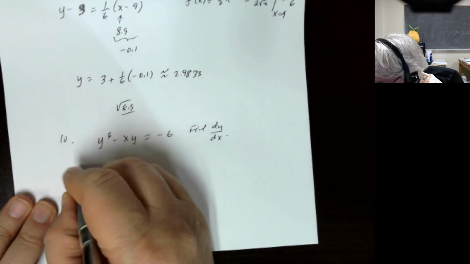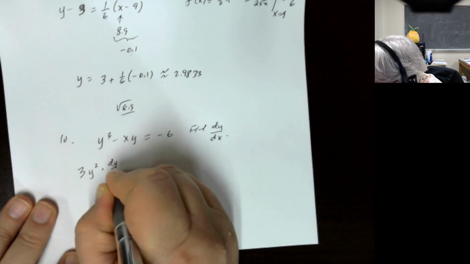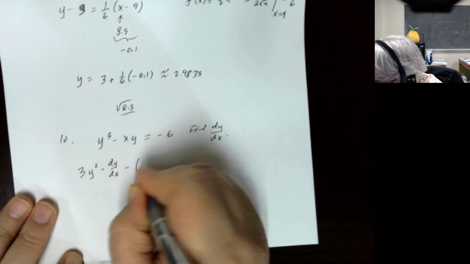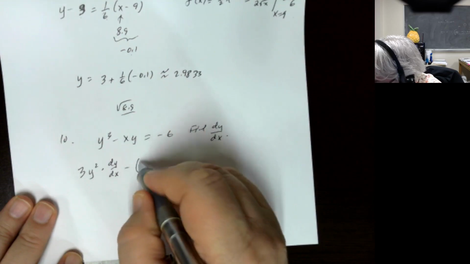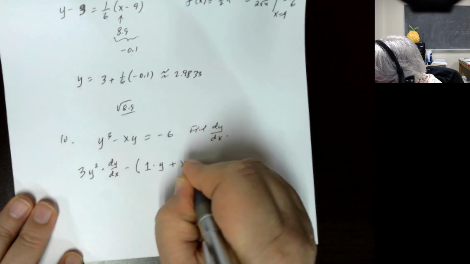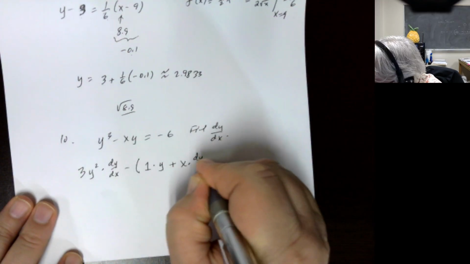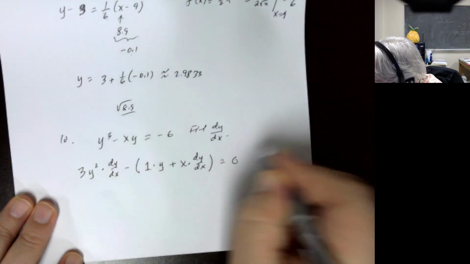And so the derivative would be 3 times y squared times dy over dx. And then when we differentiate x times y, we want to use the product rule. So the derivative of x is 1 times y plus x times the derivative of y. Okay, and then the derivative of minus 6 is 0.